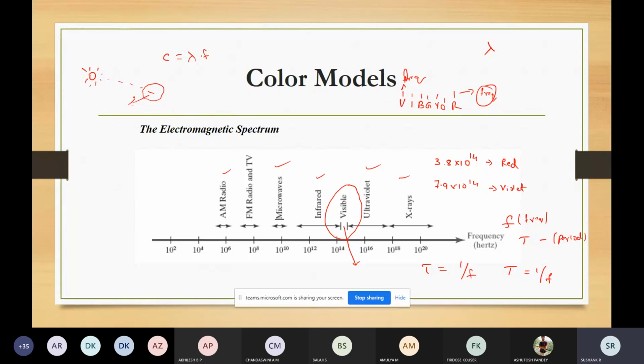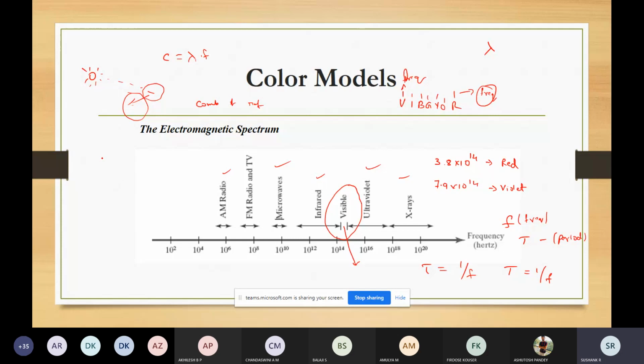When it is reflected, it will have a combination of reflected frequencies. That combination of reflected frequencies will determine what color we are seeing.